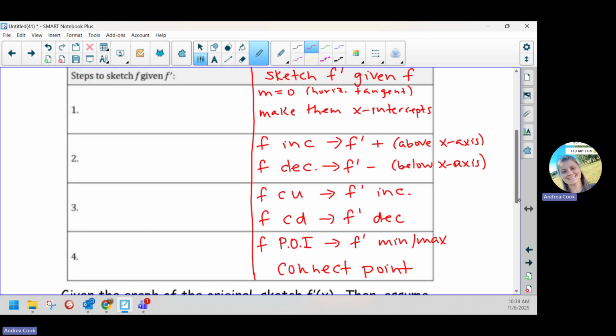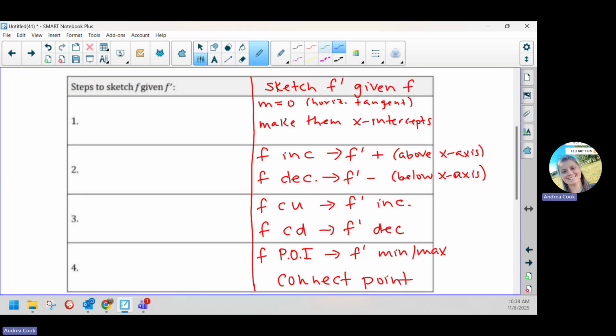All right, now we're going to go the opposite way. So now, if you're given f prime and you want to sketch f, you're going to locate x-intercepts and decide what they are. Are they mins, maxes, or level points?